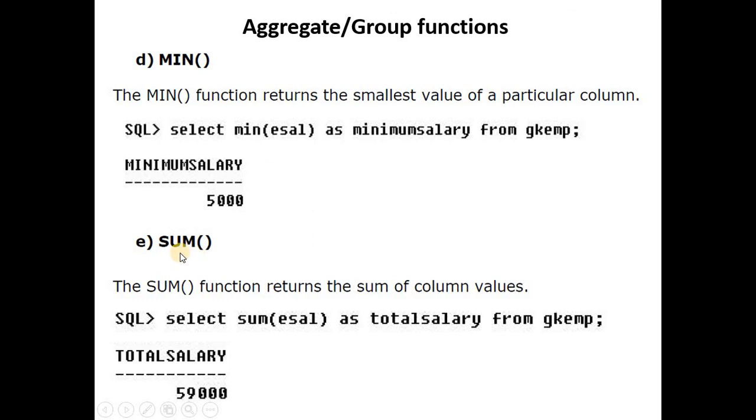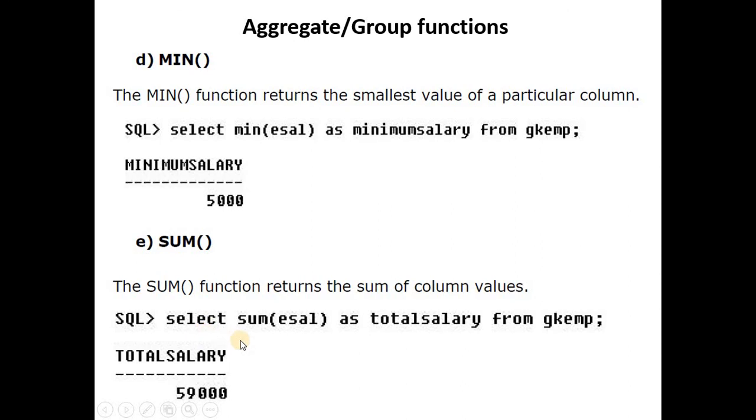Right? Now let's see sum. The sum function returns the sum of the column values. Here you want to sum all the salaries of all the employees and display the total salary, right?